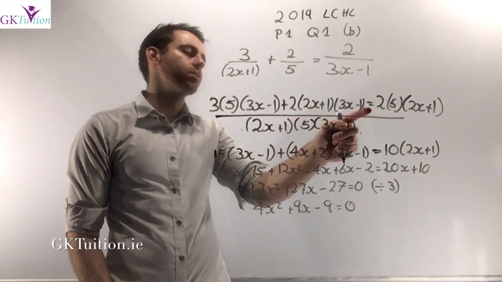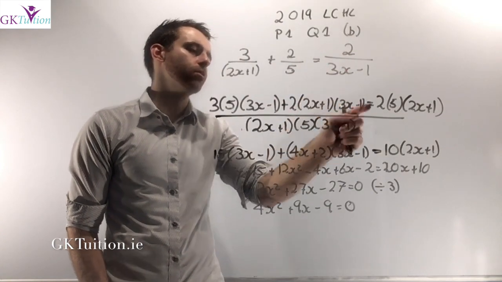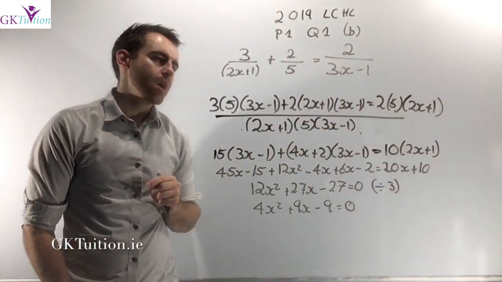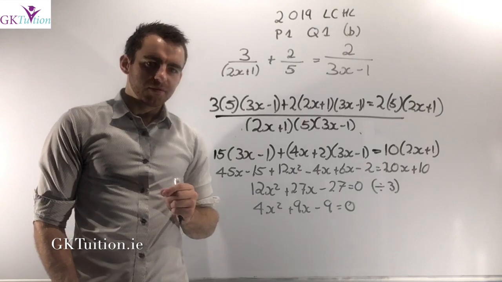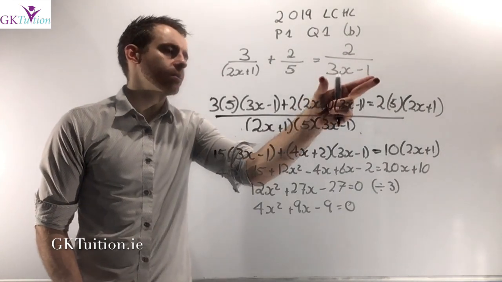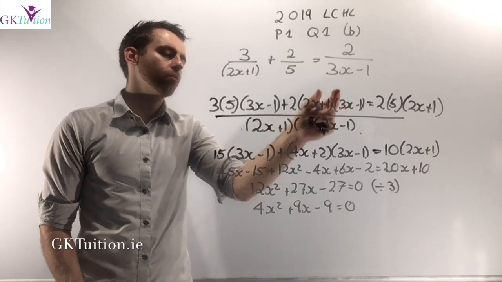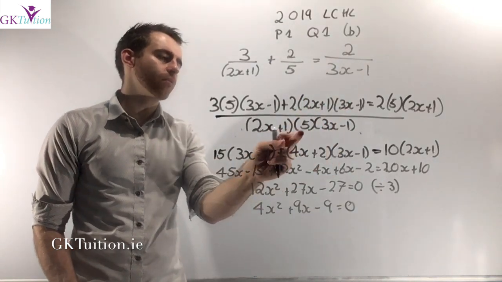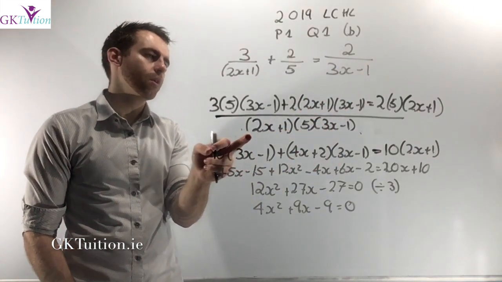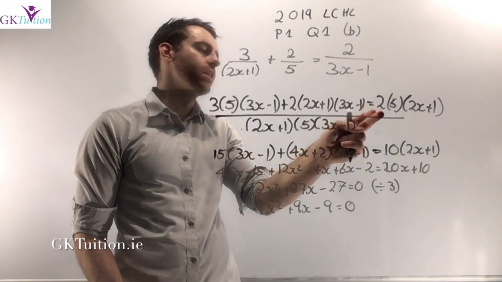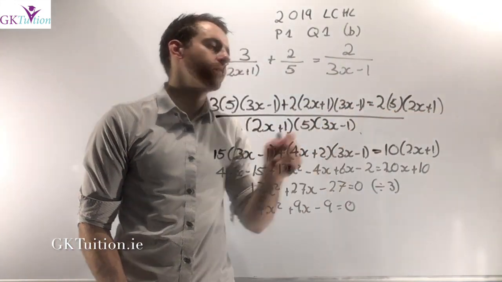Then there's an equals, so you stick in your equals, then there's a 2, so it becomes equals 2. And now you have to ask yourself, how many times does 3x minus 1 divide into this denominator? 3x minus 1 would cancel with itself and I'd be left with 5 times 2x plus 1. So it ends up with equals 2 and I keep on the 5 times 2x plus 1.